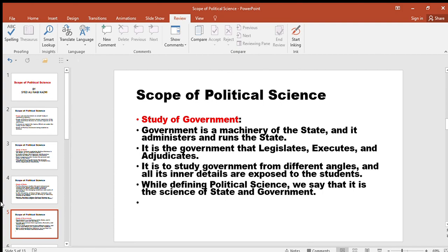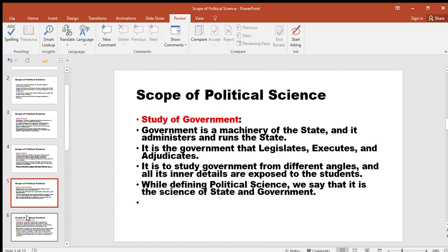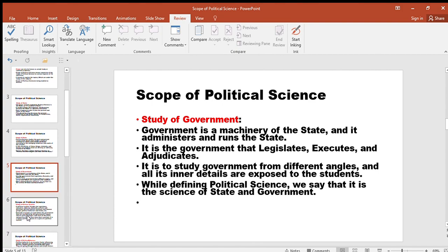It is to study government from different angles, and all its inner details are exposed to the students. While defining political science, we say that it is the science of state and government. So simply we can say that political science is the science of state and government.